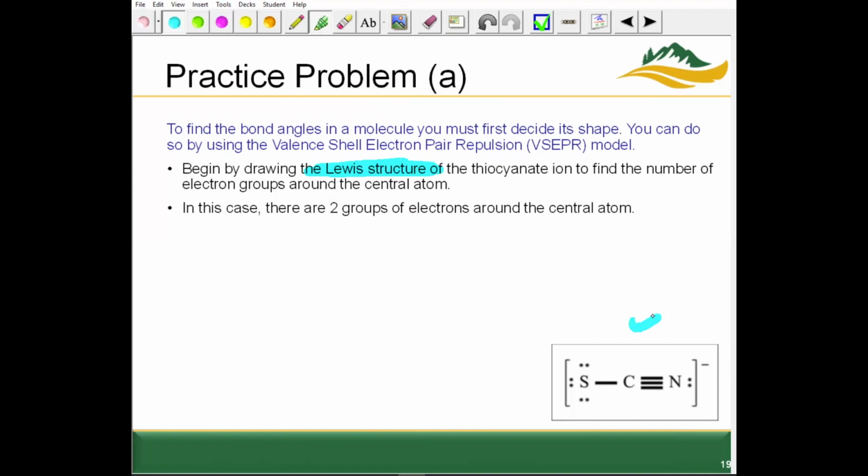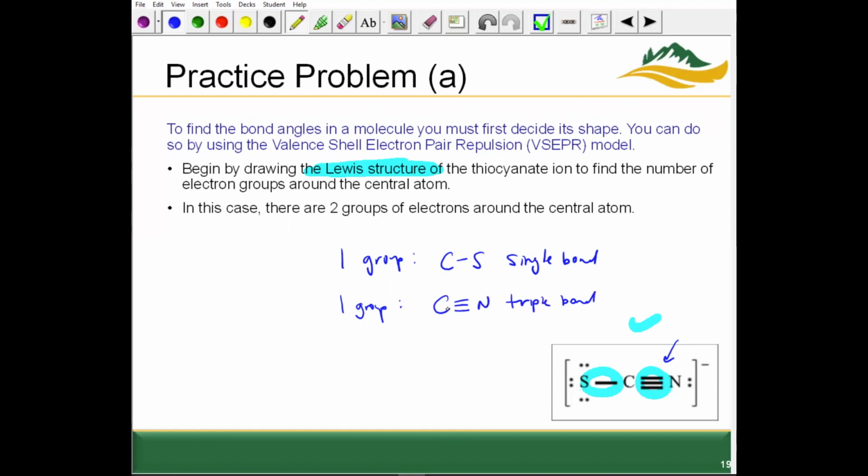From the complete correct Lewis dot structure, we can tell that we have 2 groups around carbon. One of those groups is the sulfur-carbon single bond or carbon-sulfur single bond. Remember that a triple bond also just counts as 1 group.